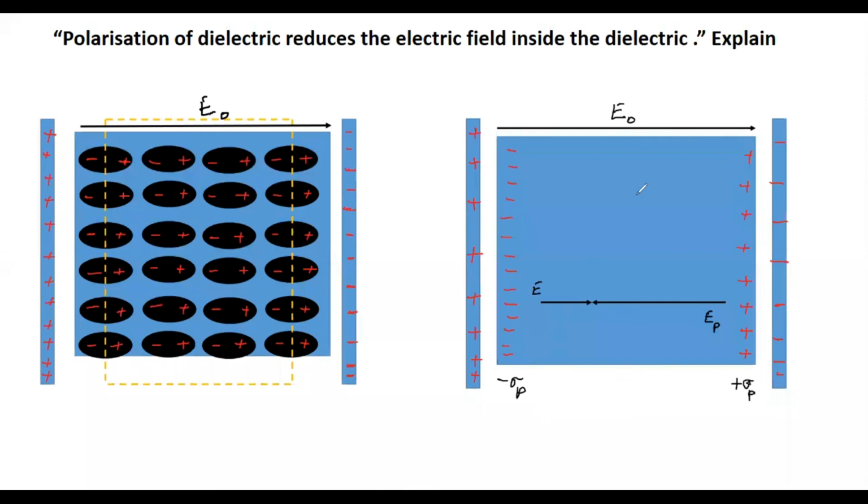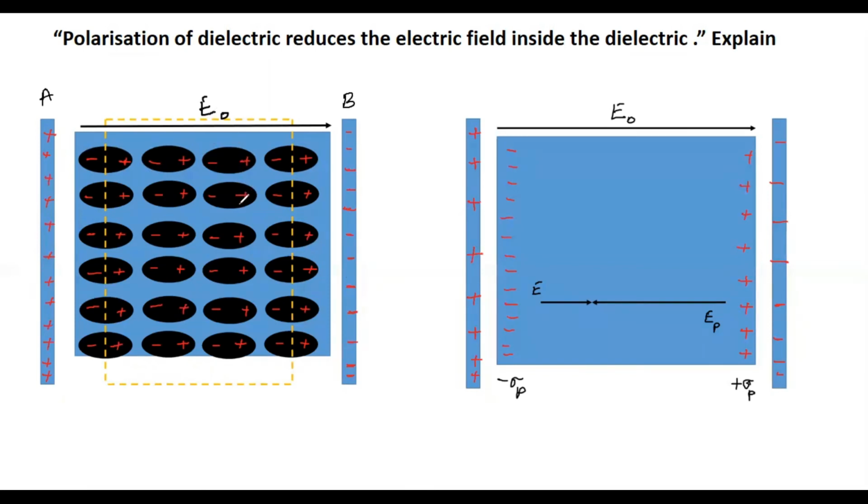Okay. So to understand this fact more clearly, you can see two different figures here. Let's just consider a dielectric substance inserted between two metal plates. As you can see here, let's say this is plate A and plate B, and both these plates are given different charges. A is positively charged, B is negatively charged, and because of which you have an external electric field E naught, and inside this region you have inserted a dielectric.